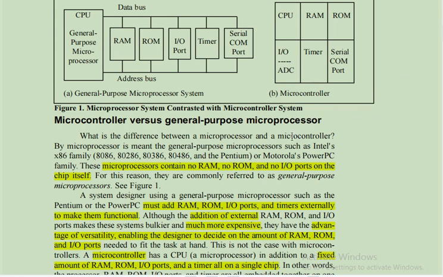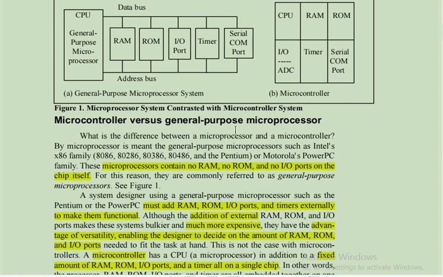Both are similar. Figure 1 shows a microprocessor system contrasted with a microcontroller system. There are the same things, but you have to focus. This is the input output ports, and there is also the ADC.